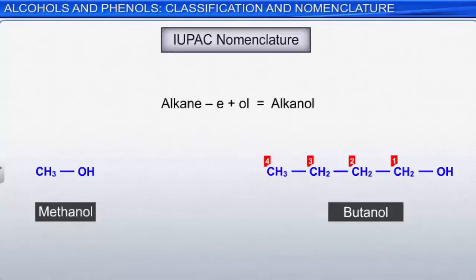Let's look at the same molecules we used a little while ago to learn about common names. In the IUPAC system, methyl alcohol with the formula CH3OH is called methanol. n-Butyl alcohol is called butan-1-ol.